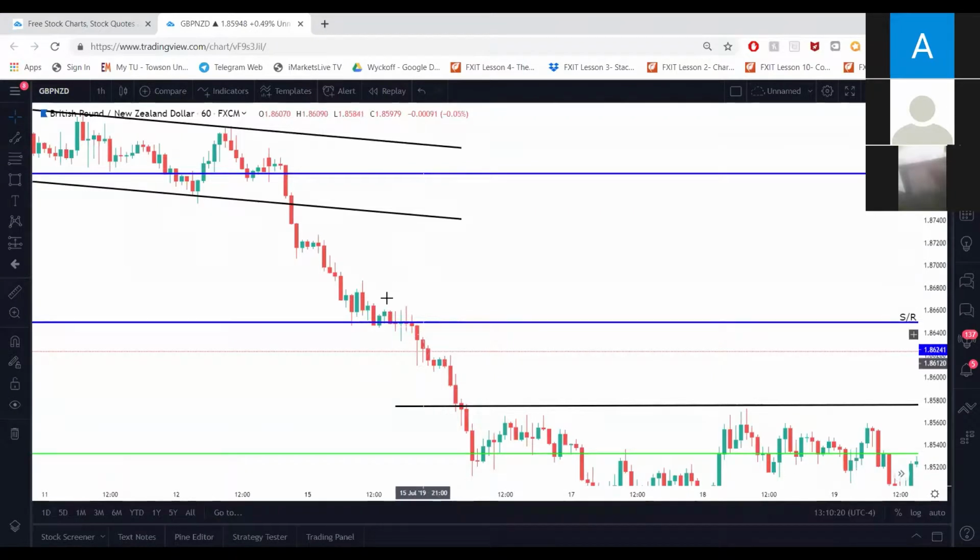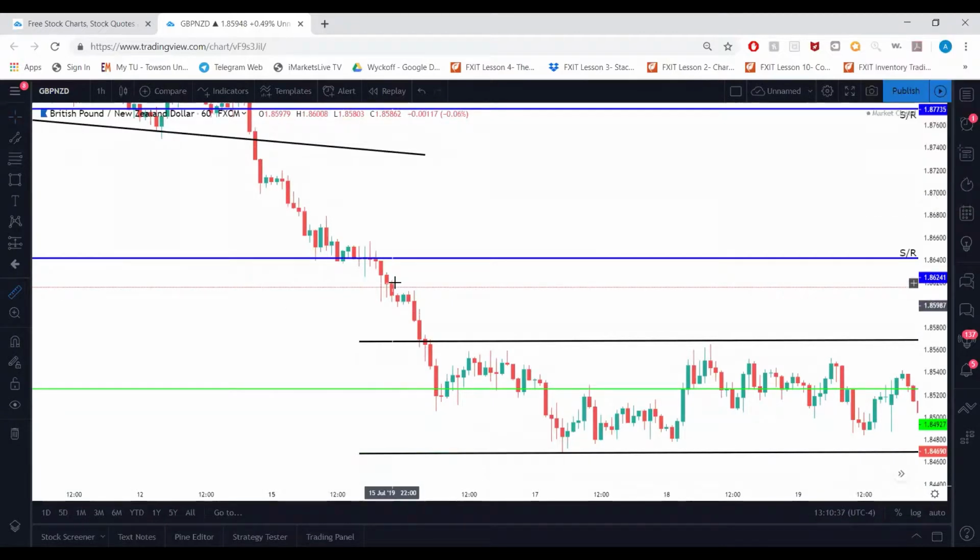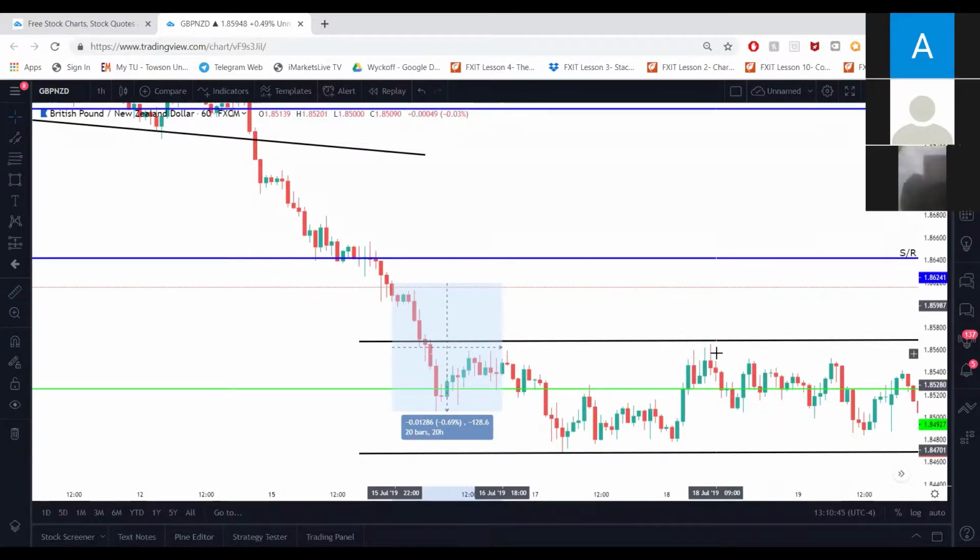So you want to take your profits and wait for it to break below and close below. Let's say you were skeptical here, this is a hammer, not so sure. Then you can even wait for this one to finish and enter when you see continuation of the bearish momentum, and you still get 128 pips. Okay.